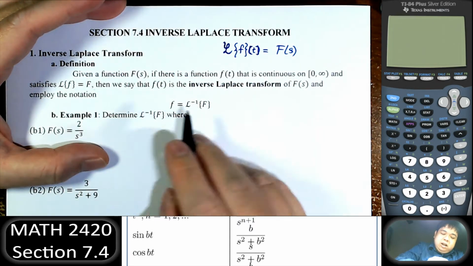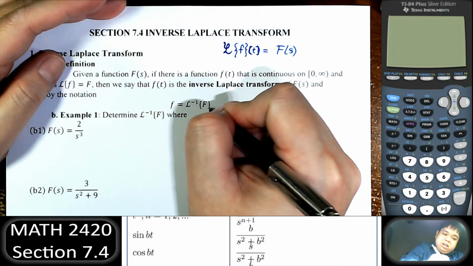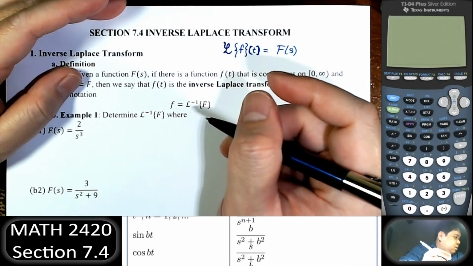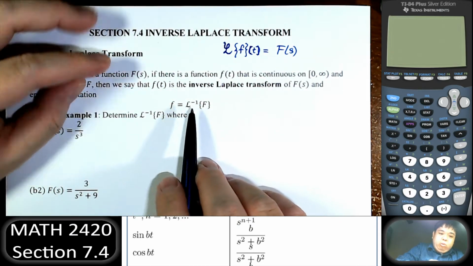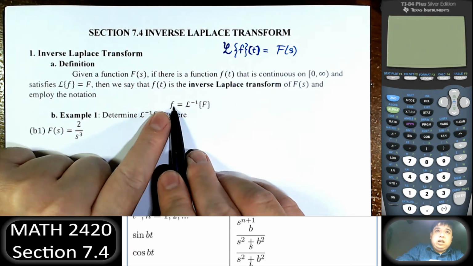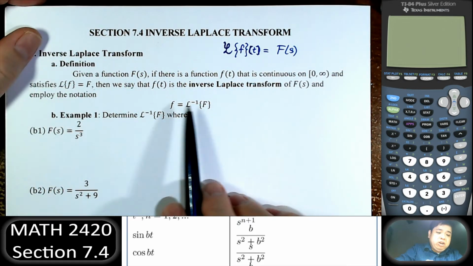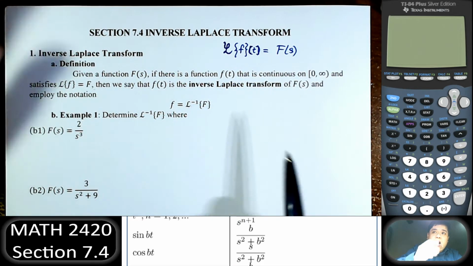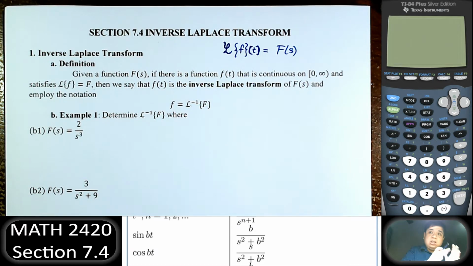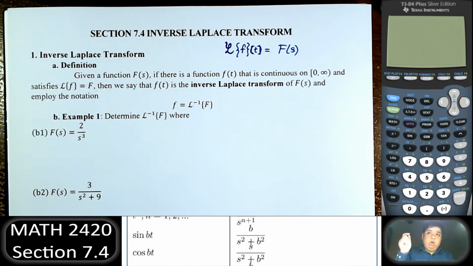Now this is f of t, where this is the variable s. Of course, the inverse will give us the function in terms of t. If the variable is clear from the context, we don't even need to write t and s. But the original function is in terms of t, and the Laplace transform is in terms of s. If we want to go to the inverse transform, we go from s to t.